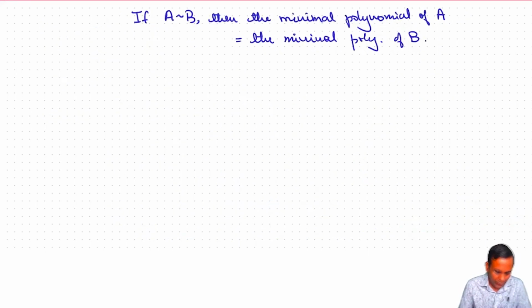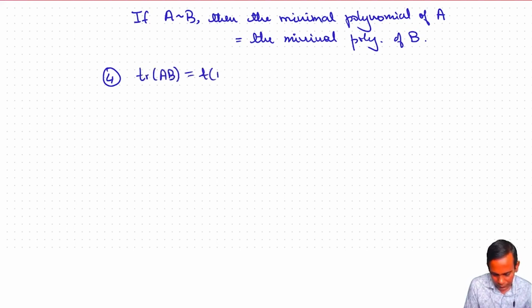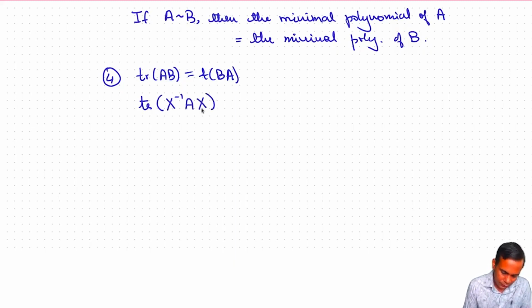Okay, and there are some more properties that are invariant under similarity. So for example, trace. We know that trace of AB is trace of BA for any two square matrices A and B. So we can show that trace of X inverse AX, so if B is similar to A, then B is X inverse AX.